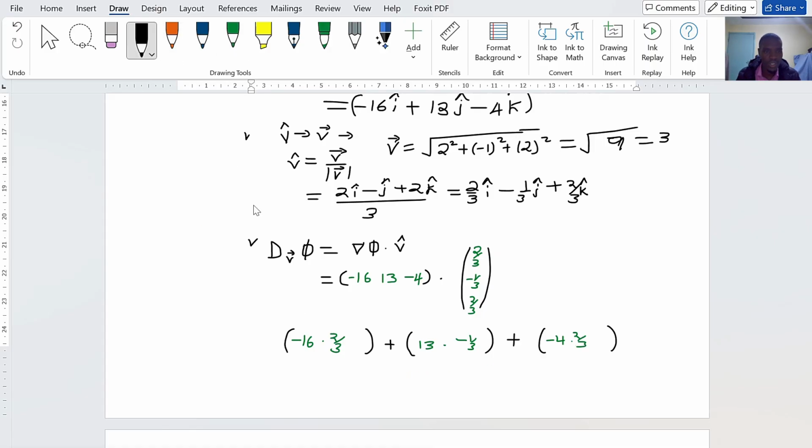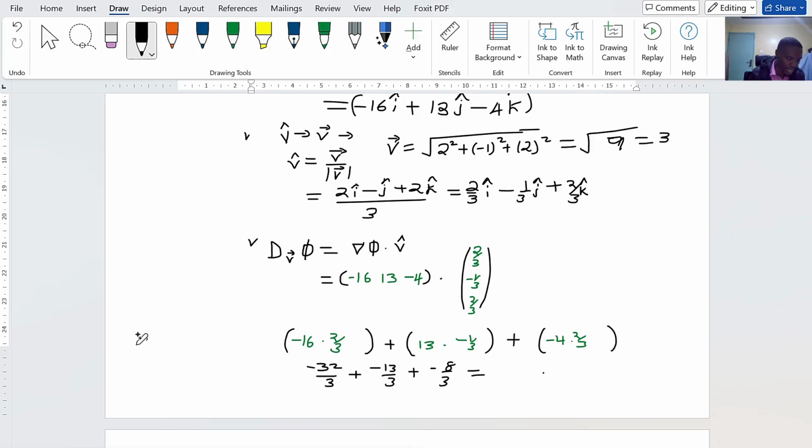When you do this math, you get -32/3 plus -13/3 plus -8/3.